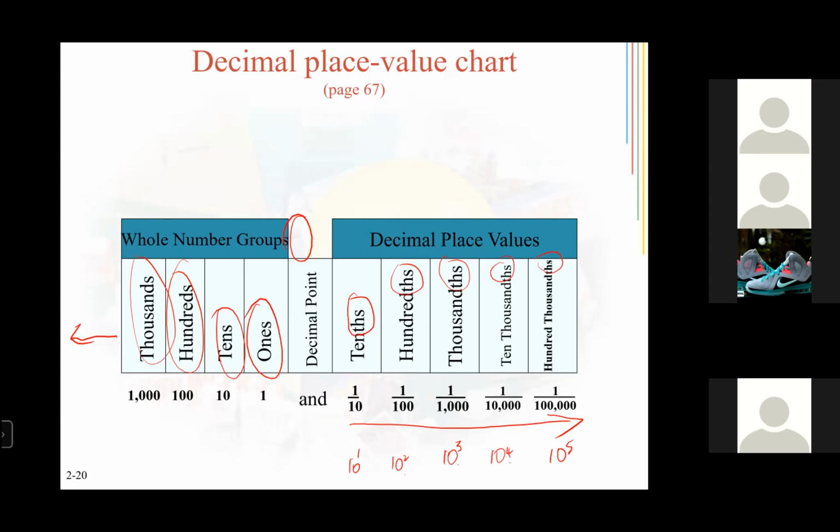What would the next place be after 100,000? Millionth. Right, millionth. Okay, so that's your place value chart, and it could go to the left or to the right as far as we wish. But we're just looking at this range.